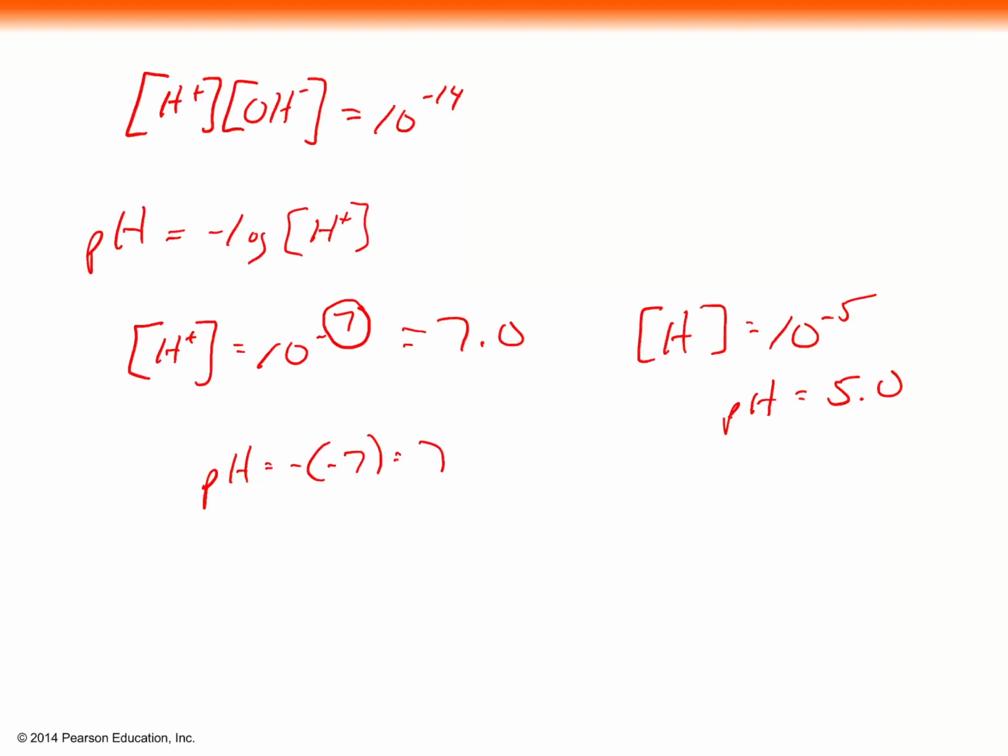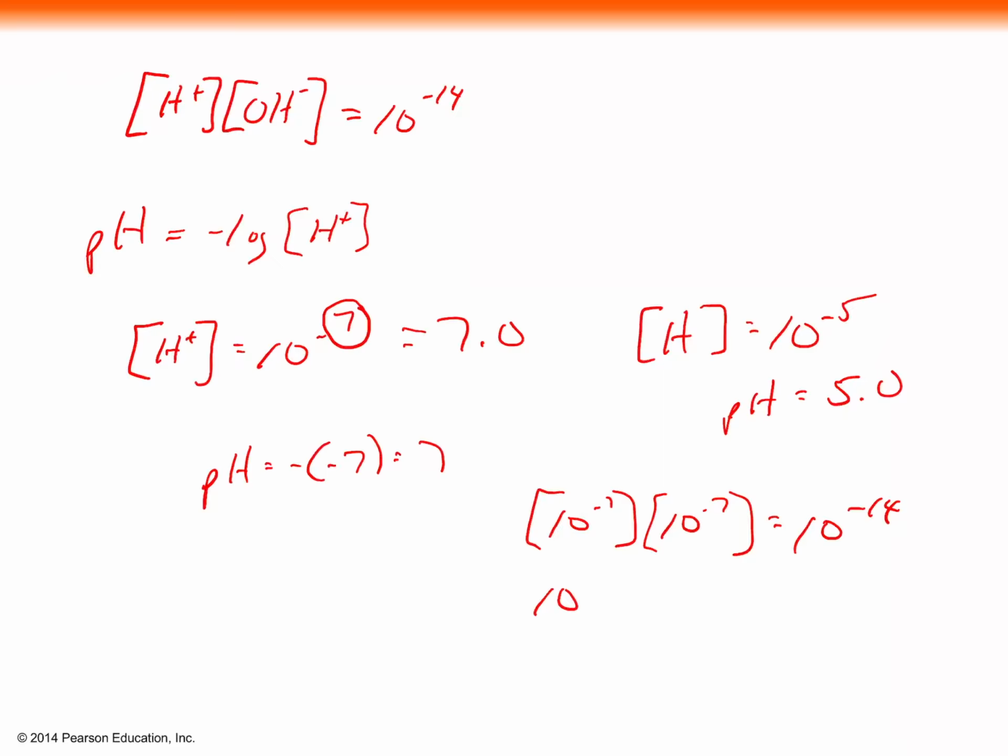So when you multiply numbers that are exponents, what are you really doing to the exponents? You're adding them. That's the way this works, okay? So if we have proton concentration of 10 to the minus 7th, and we have hydroxide concentration of 10 to the minus 7th, multiply them, and you get 10 to the minus 14th.